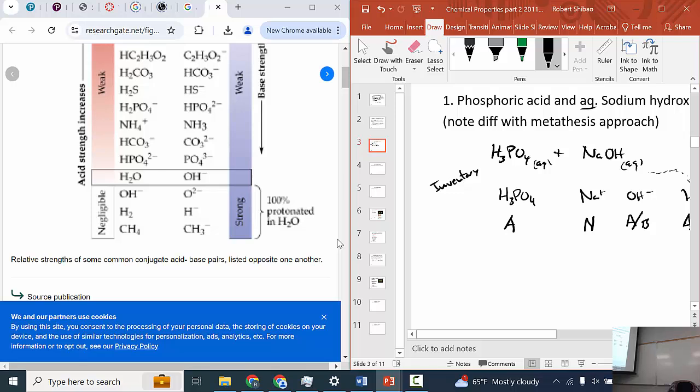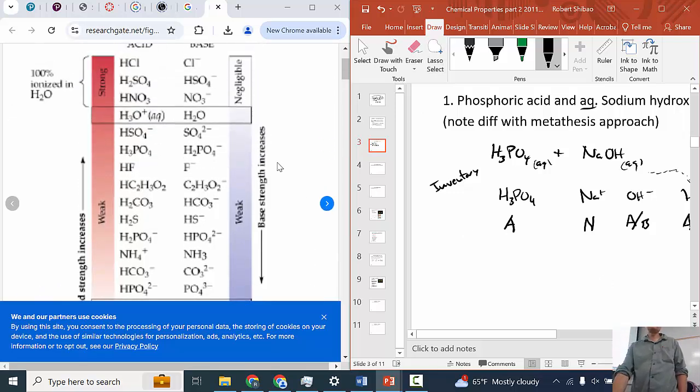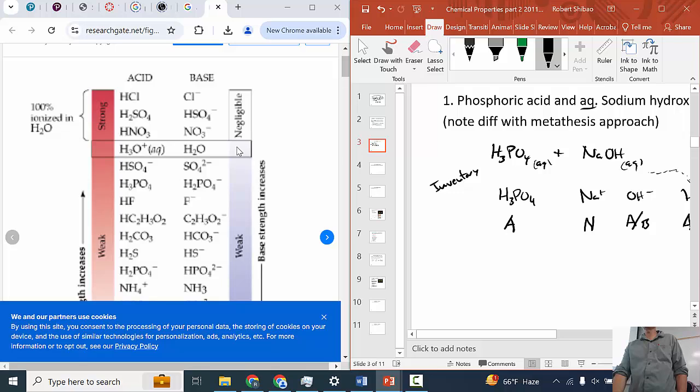Whereas these bases up here only partially hydrolyze water, and so it's not level. They're at different levels because it depends on how strong the base is or how strong the acid is. And so the box here is to show the level of the leveling effect.